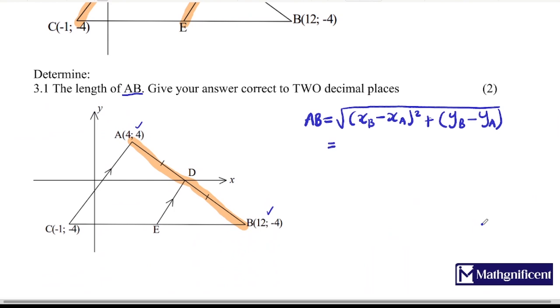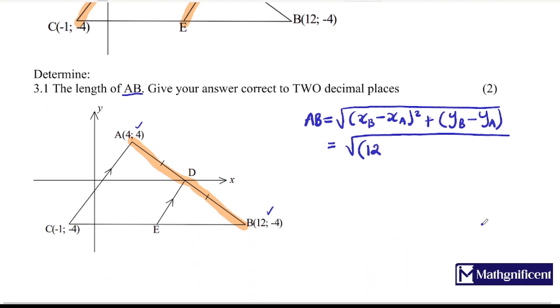So now we substitute, right? Since we have written our distance formula, we now substitute the values. The x value of point B is 12. Then the x value of point A is 4, so we say minus 4 here, then we square.